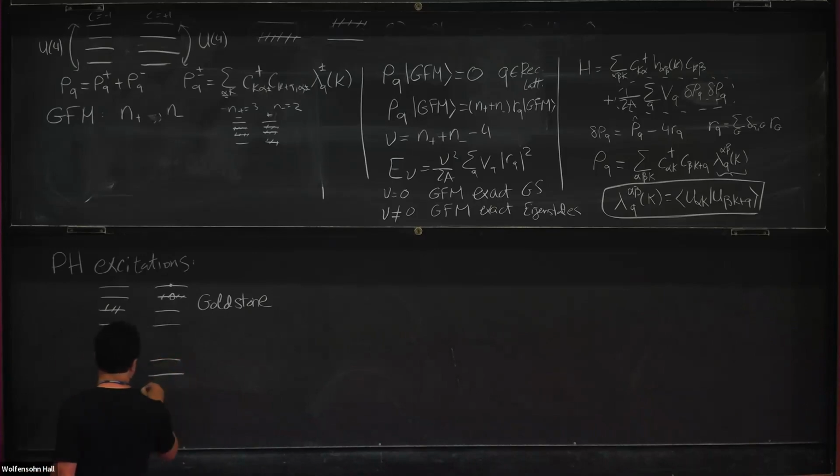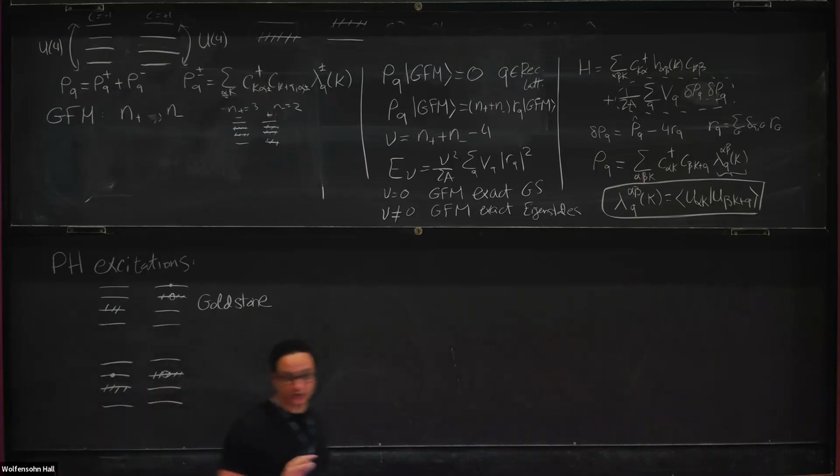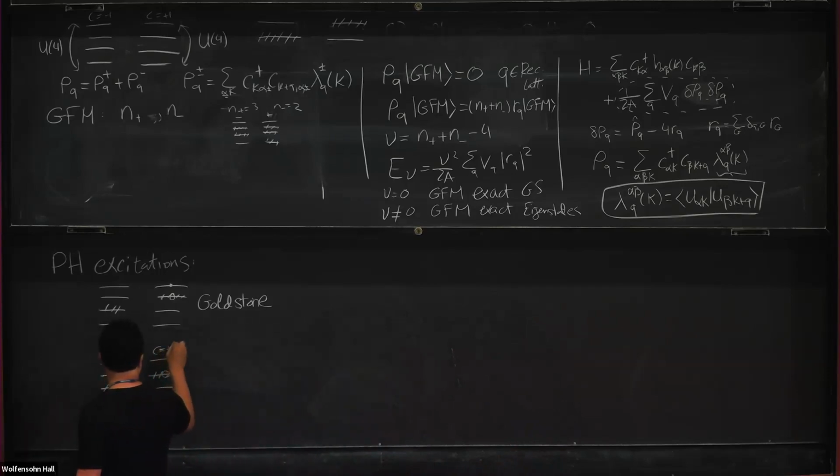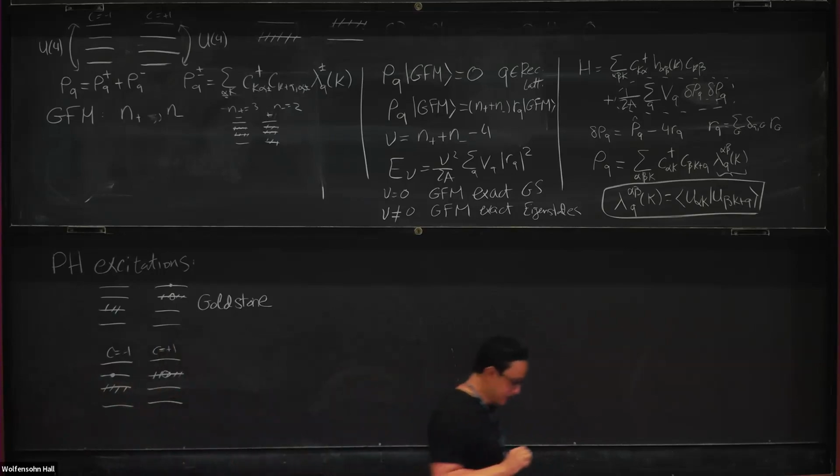But then there's also another class of excitations we can look at, which correspond to creating a hole in one Chern sector and a particle in the other Chern sector. Now, these kinds of excitations can be understood using a simple trick.